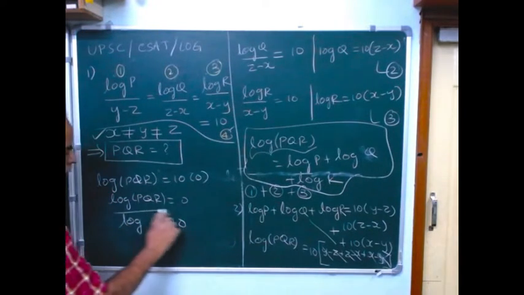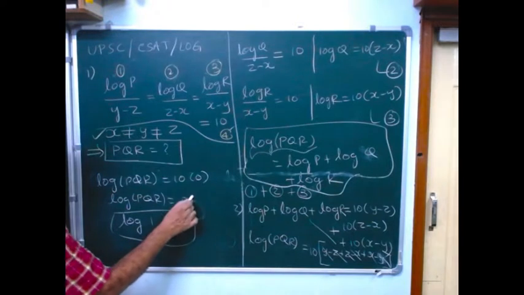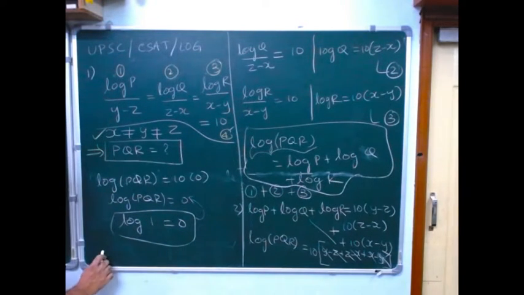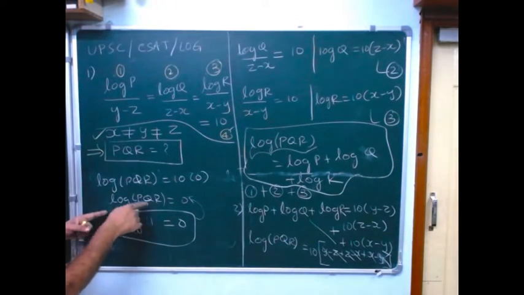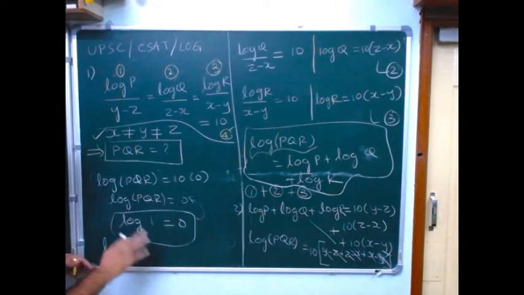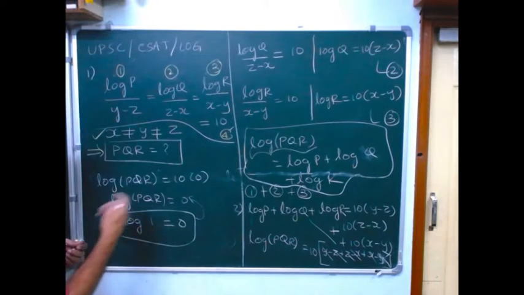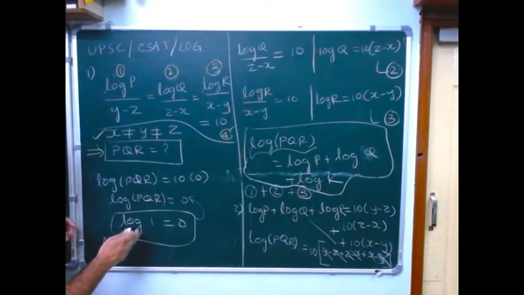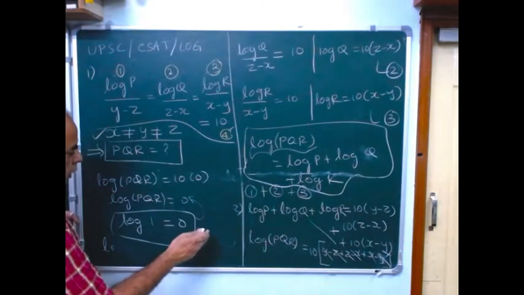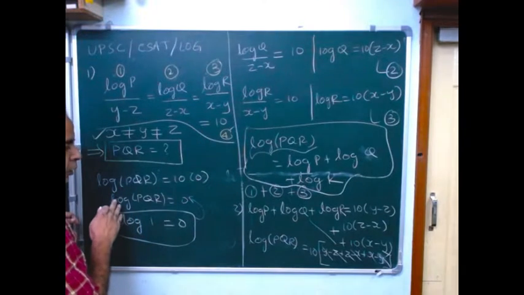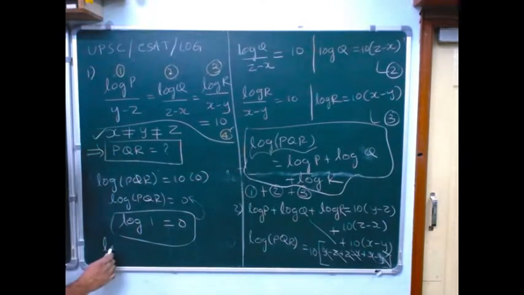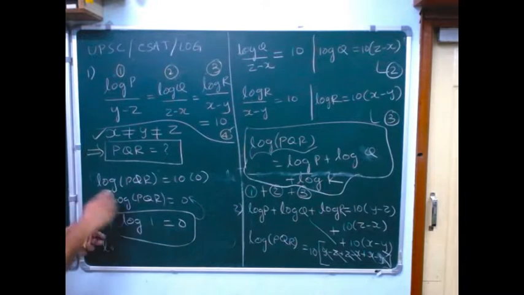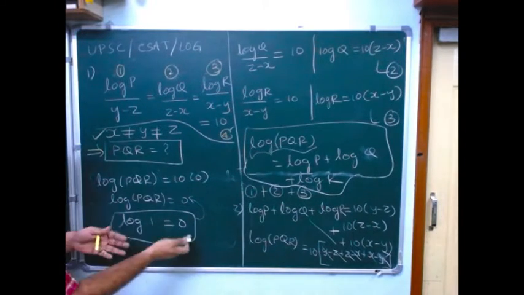So based on that, you can replace the 0 by log 1. Therefore, you cannot immediately say log PQR is equal to 0, so PQR is equal to 0. Not like that. You should remember that log of PQR is equal to 0 does not mean PQR is equal to 0. It is not multiplication by log. Actually, this is a function. So you have to find either the anti-log, or you can equate like this.